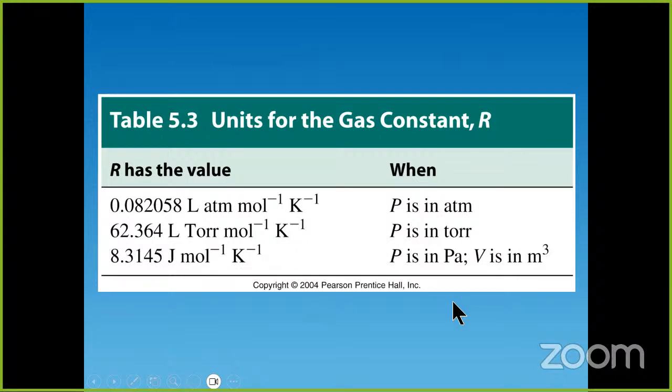Now, there's another value of R which you will meet later on in this chapter, and that is this value of R here, which is the value of R if the pressure is expressed in pascals and the volume is expressed in meters cubed, all right? And that value of R here is 8.31 joules per mole Kelvin, all right? So we're going to meet that later on when we get to a discussion of diffusion, all right?